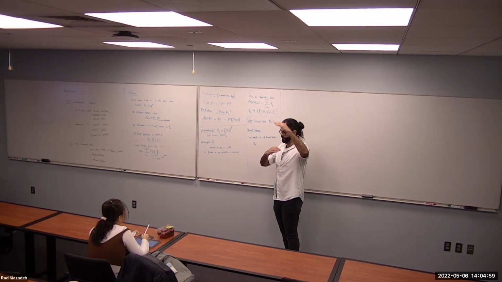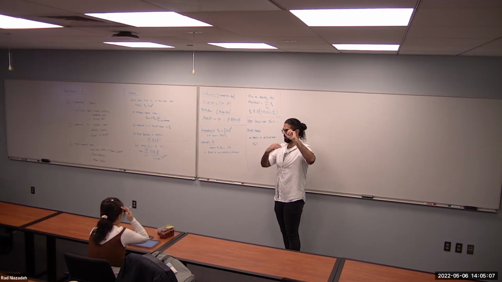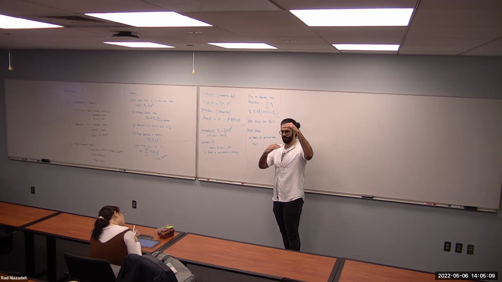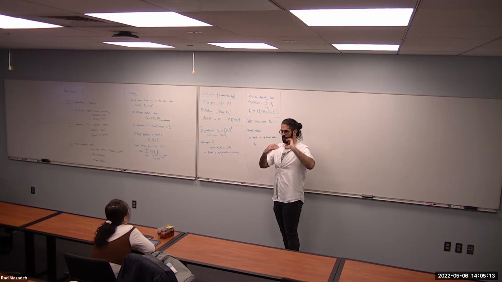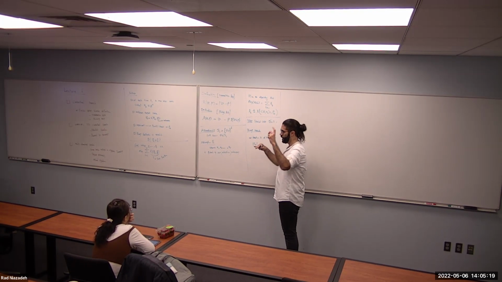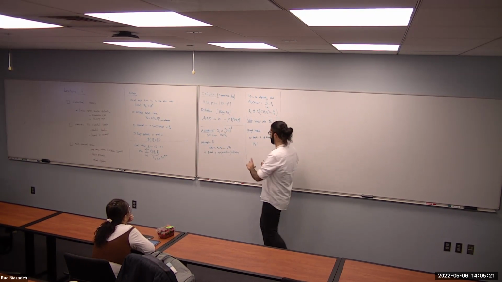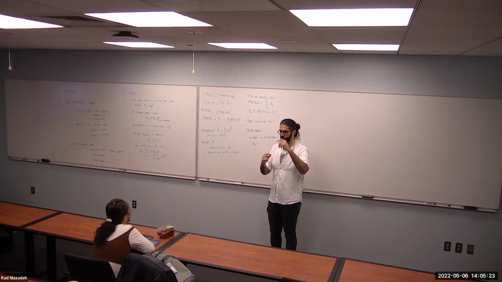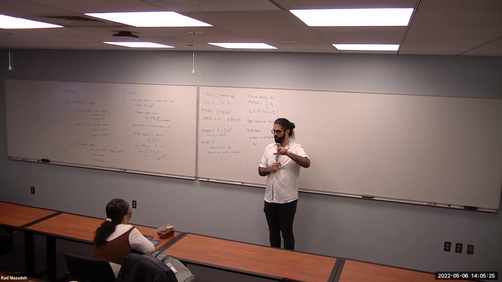I have 0 to 1 as my search interval. I query the midpoint. If the binary feedback is plus, that means the actual target is above the midpoint, otherwise it's below the midpoint. Based on this feedback, I switch to the upper half or the lower half, and we iterate. So the knowledge set starts as the interval 0 to 1. After you query the midpoint, it's either the upper half or the lower half of the interval.